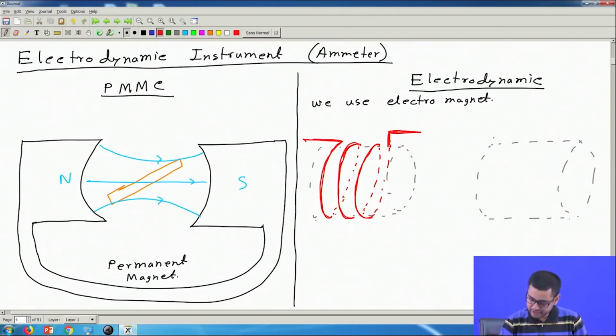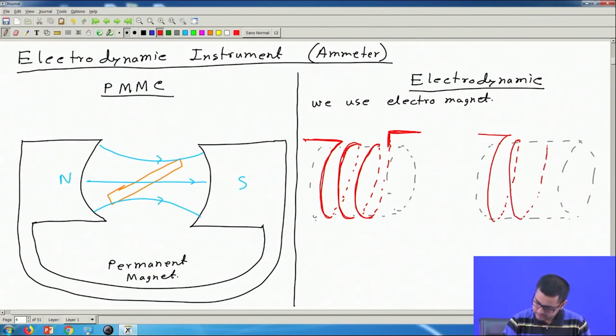Now, here again I will have another coil which again is like this. Okay. So, these are the sides of this coil, and this is one end and this is another end.